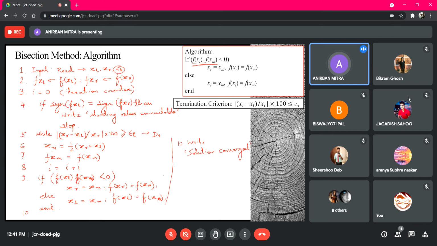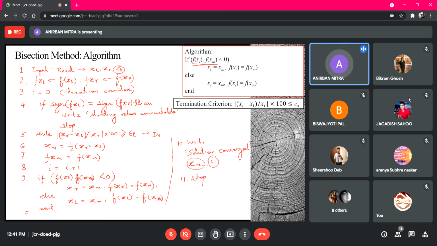You can write the root as well. So you can write XM, the final root. You can also write I, that is number of iterations. And at the end, you stop this.